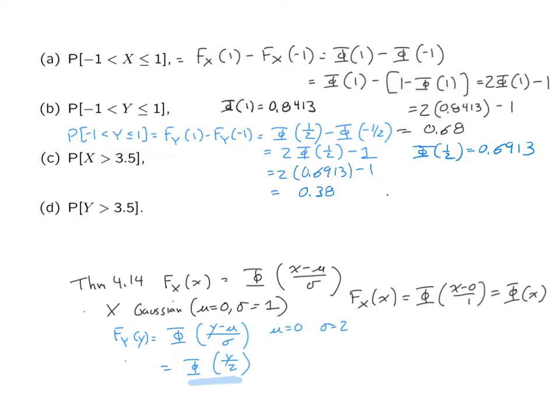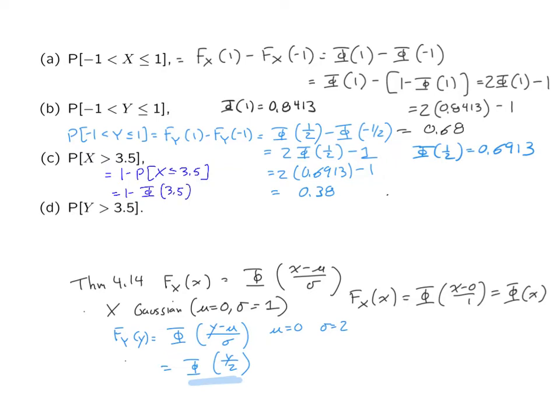For part C, we observe that the probability x is greater than 3.5 is equal to 1 minus the probability x is less than or equal to 3.5. It equals 1 minus phi of 3.5.